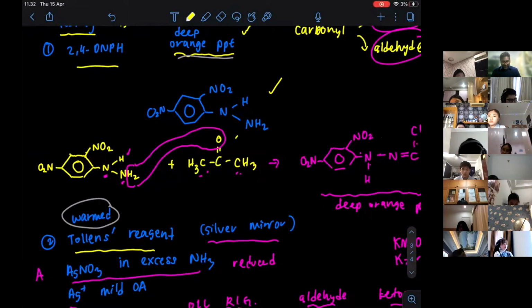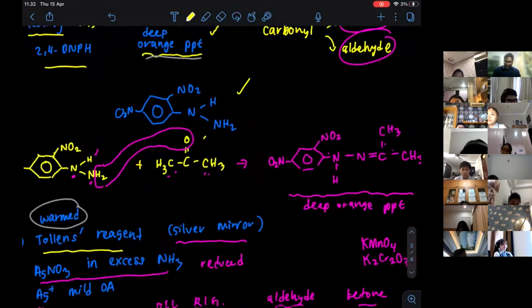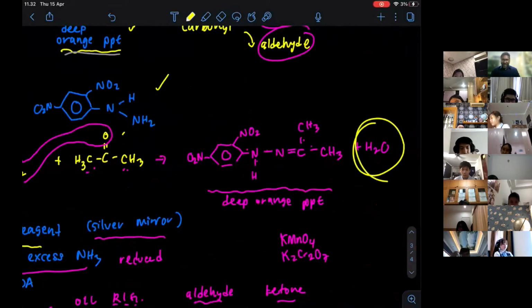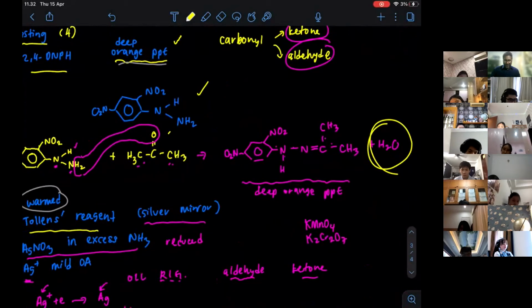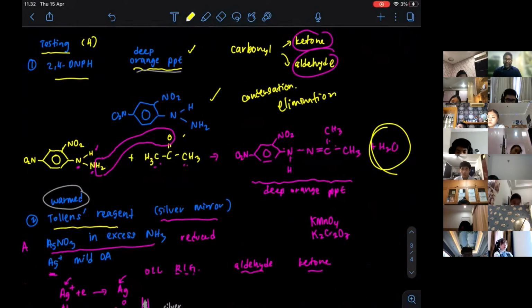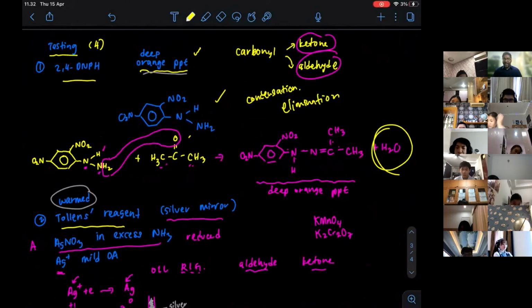I'm also not sure, sir. You are removing water. What type of reaction is that? It's either elimination, or I think the best way to represent this is condensation. Okay, the moment you are removing water, it's like your esterification. But you are not forming ester here, so this is a condensation reaction.